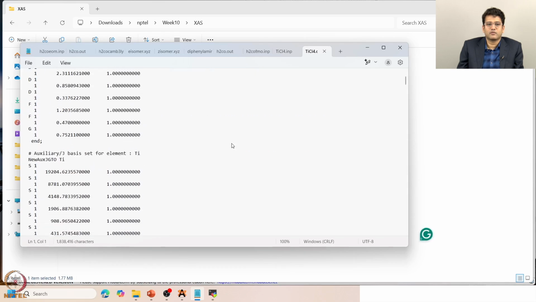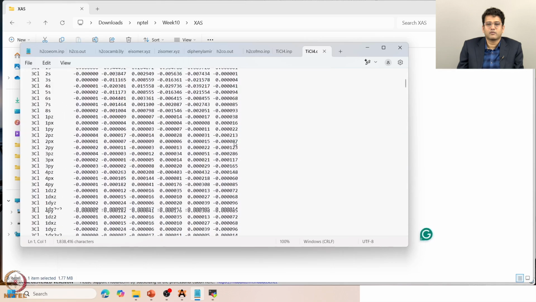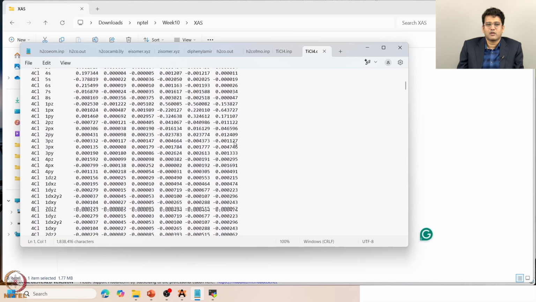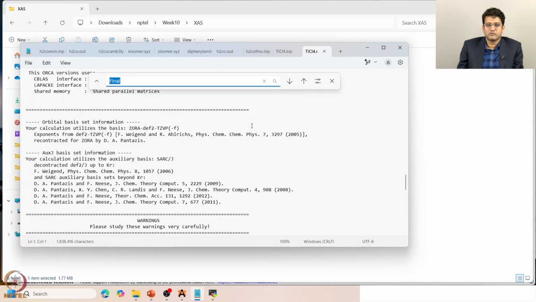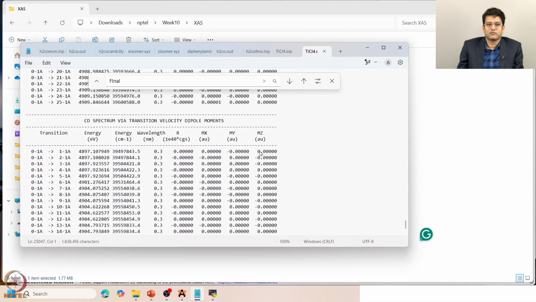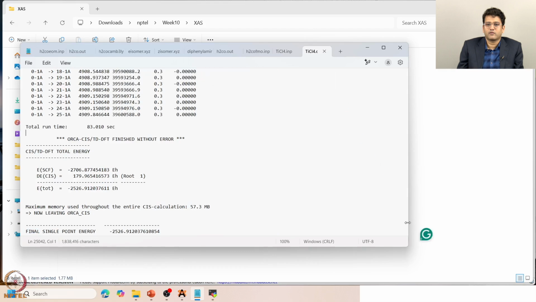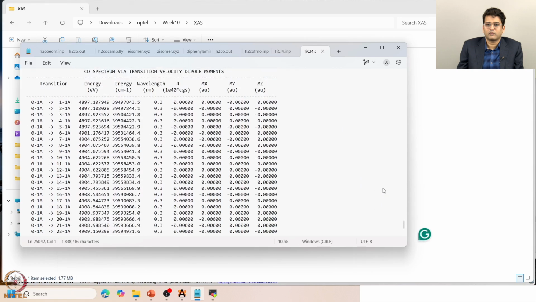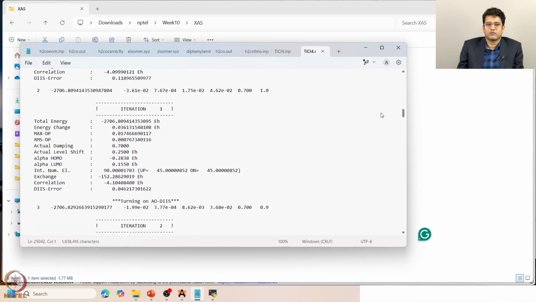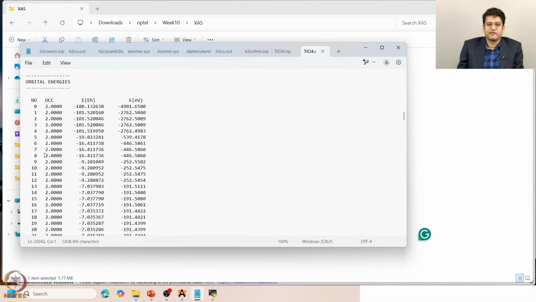So, this is where the TDDFT calculation is done. If you see the orbital picture, it is interesting.